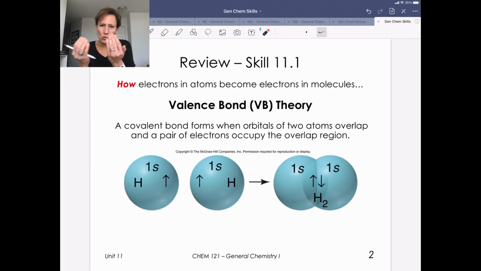When we bring these orbitals together, these two electrons are going to live in the space between those two atoms, two electrons making a bond, so this really represents the bond between these two hydrogen atoms here. And as we learned in our last skill, those electrons have to have opposite spin.